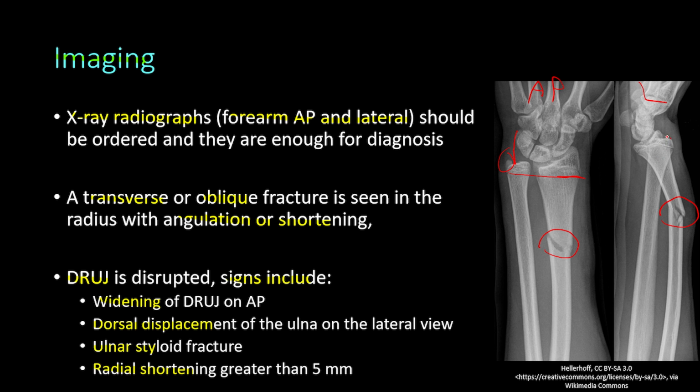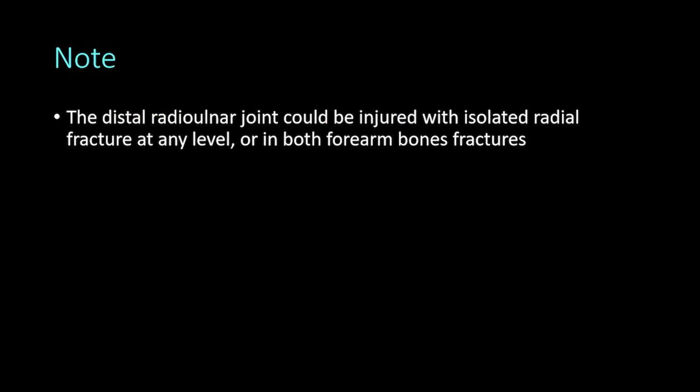So this here is the ulnar head, and we can see that it is dorsally displaced. The first and the second signs are obvious on this x-ray, and this means that we have a distal radioulnar joint injury.